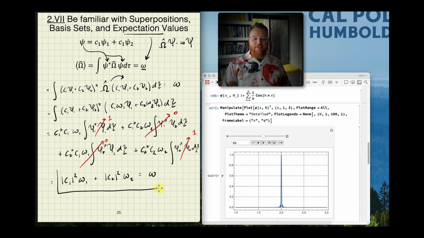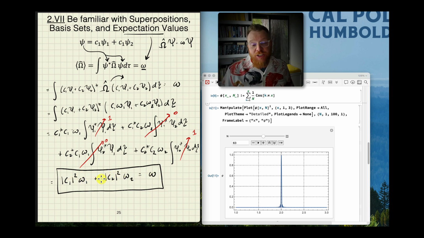So I'm going to box this off and note that our total expectation value is some linear combination of, in this case, only 2 results, but you might imagine we could add, say, 63 terms. Our expectation value is an average of all of those different results.